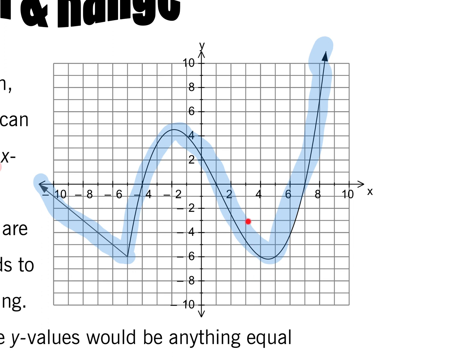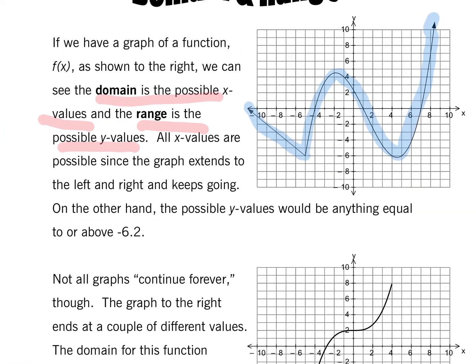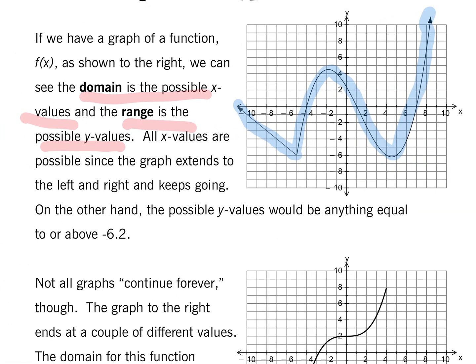That's an absolute truth. So if that's the lowest the graph can get, then that would be our minimum. So our range, otherwise known as the possible y values, would be anything equal to or above negative 6.2. And we're going to say that that value there is negative 6.2.